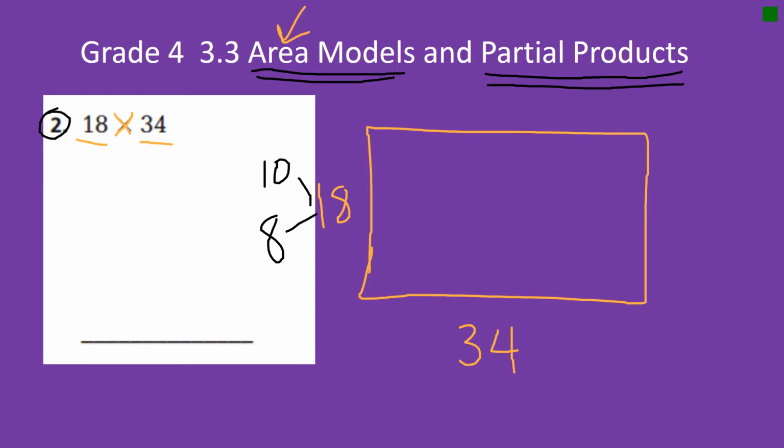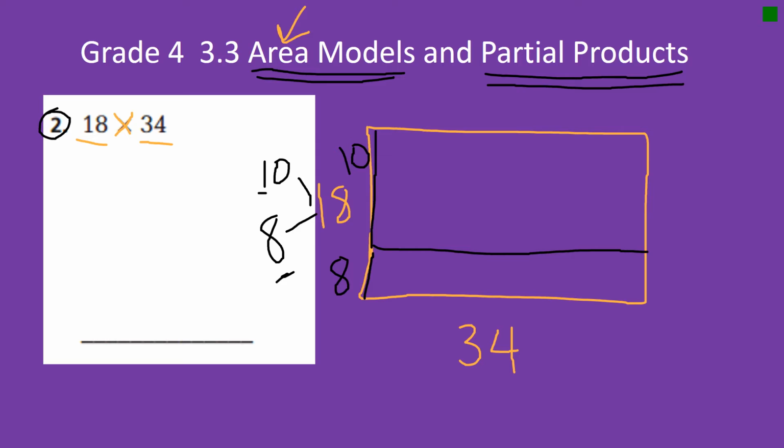Now you can break apart numbers in lots of different ways, but I like to use place value like that because I always end up with a number like 10 with a 0 at the end and then the ones place. Okay, so we're going to put a line here, and up here that's 10 rows, and down here are the 8 rows.